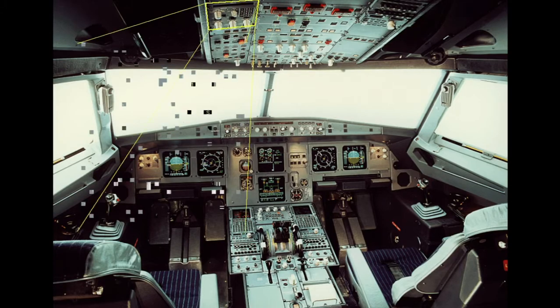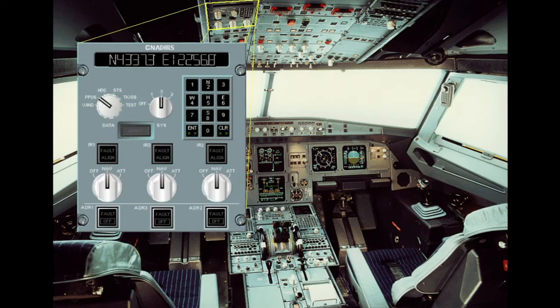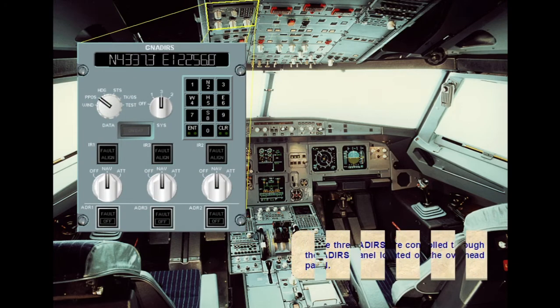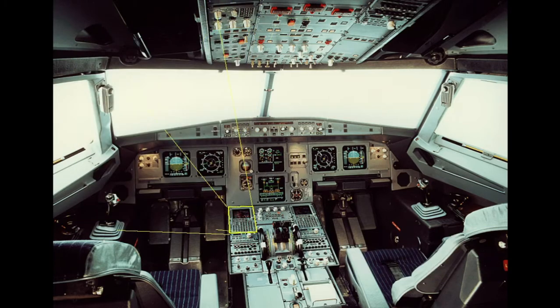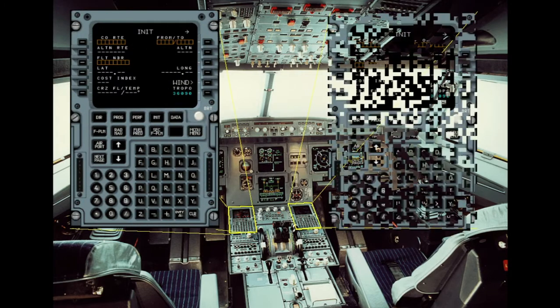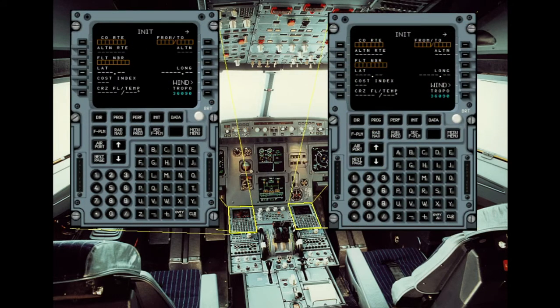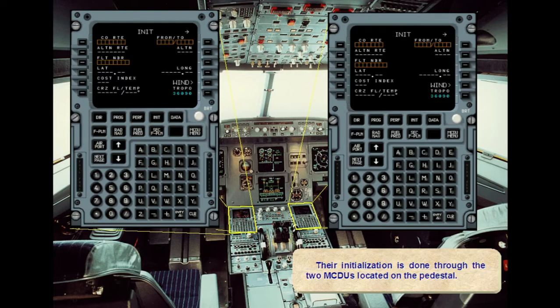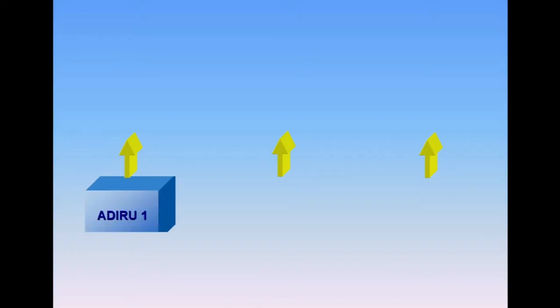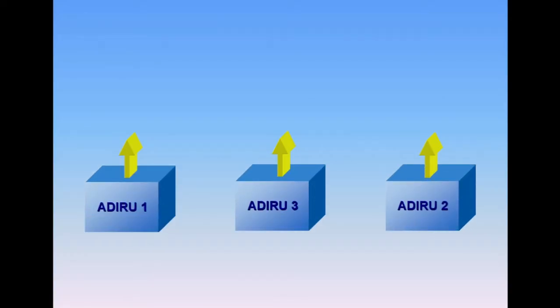The three ADIRS are controlled through the ADIRS panel, located on the overhead panel. Their initialization is done through the two MCDUs located on the pedestal. Independent data is supplied by each ADIRS.